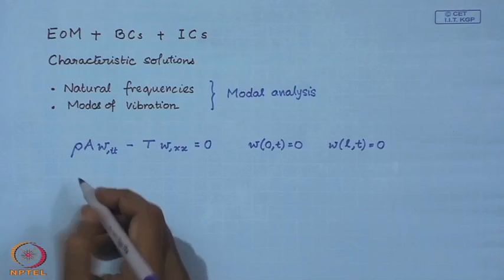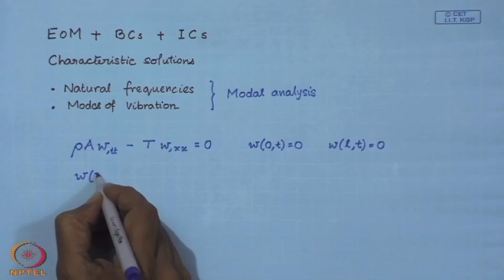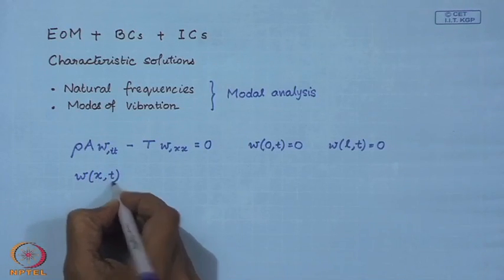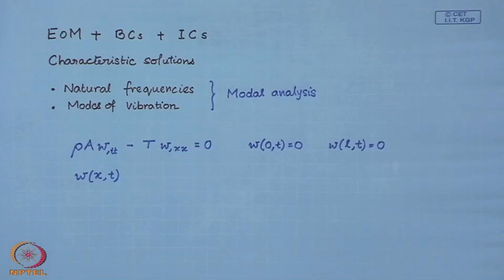Now, our field variable is w(x, t). This is a general function of the spatial coordinate x and the temporal coordinate t.